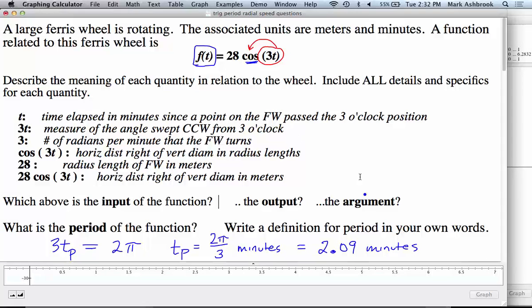But the period is the interval of input that we're relating directly to the output. So what does it give us related to the output? Well, yeah, but the interval of inputs from 0 to 2.09 minutes gives us what about the output?